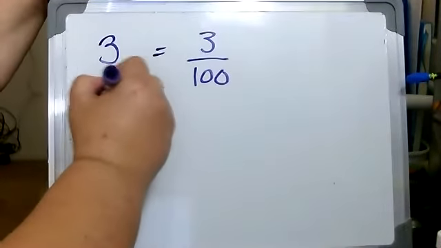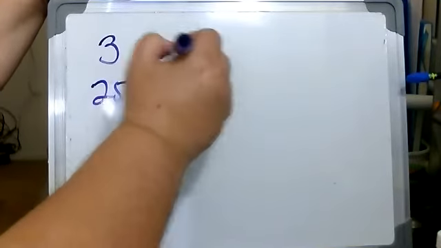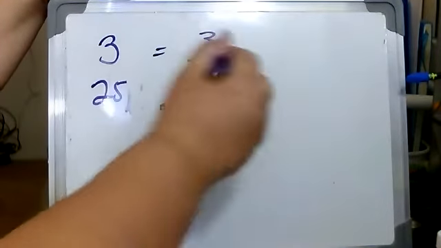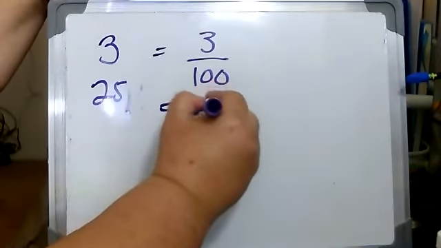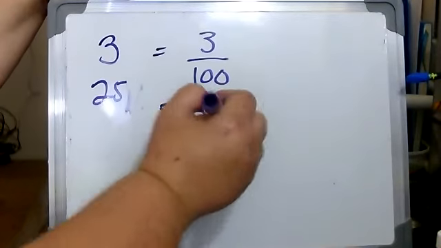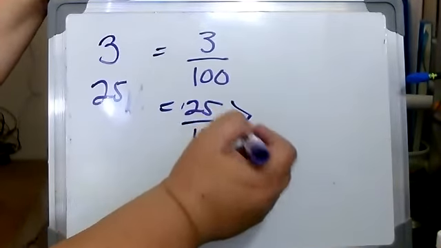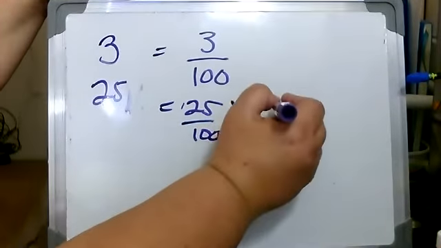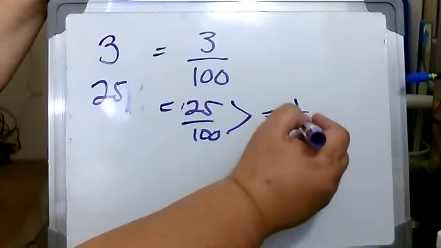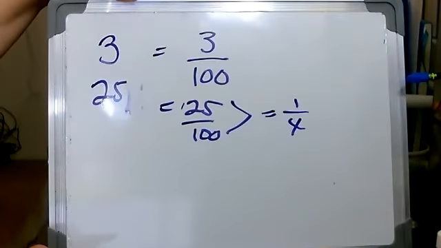If you have 25%, you would just take this off and put it over 100. But be careful, this cannot be your answer because it's not simplified. This is the same as 1 over 4. Okay?